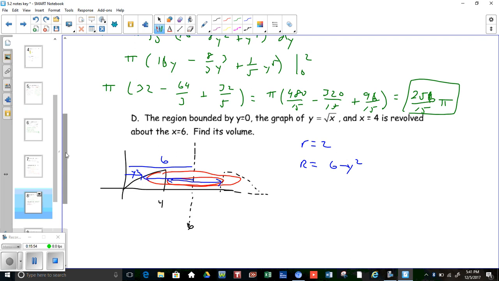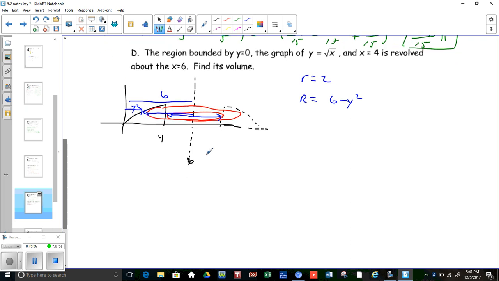And then we should be able to go ahead and do the integral here. So the integral, again, it's vertical, so it's going to go from 0 to 2. So the volume will be integral from 0 to 2, pi times the outer radius squared minus pi times the inner radius, which is 2 squared, and it's dy.